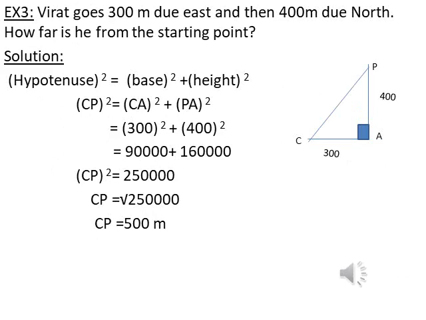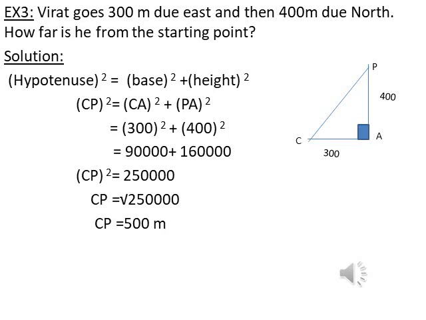Now let us solve one more problem based on the Pythagoras theorem. Here is a problem I will read for you. Virat goes 300 meters due east and then 400 meters due north. How far is he from the starting point? Now let us consider this figure. Virat starts from point C, goes 300 meters till point A. From point A he moves towards the north.